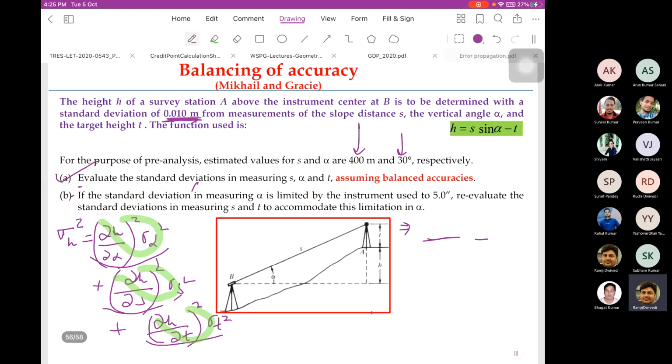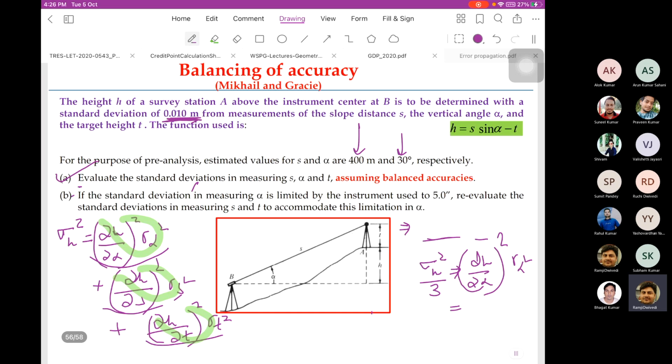So when I say equally, we can write it like this: sigma h square by 3 is equal to del h by del alpha, sigma alpha square.